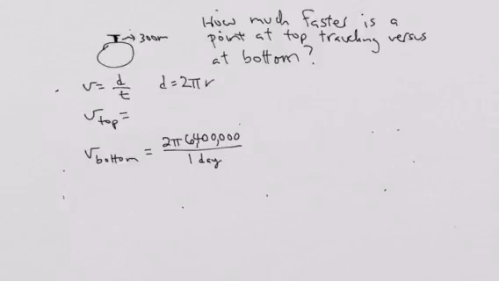The velocity at the top is the distance at the top over the time. Time stays the same, the distance changes.